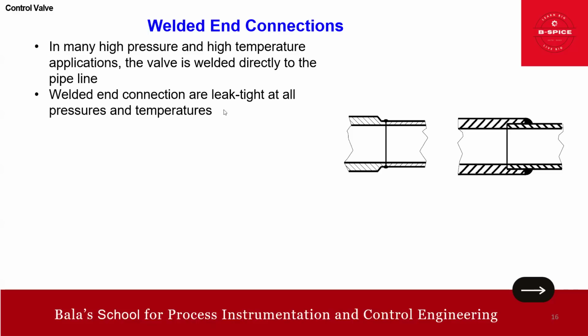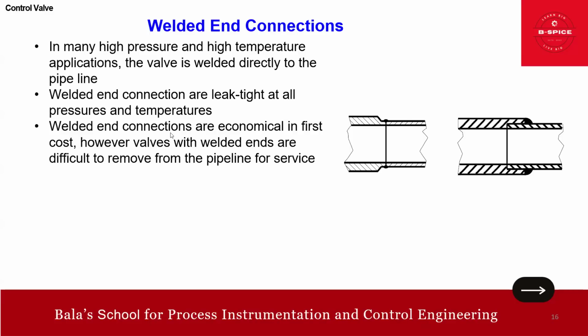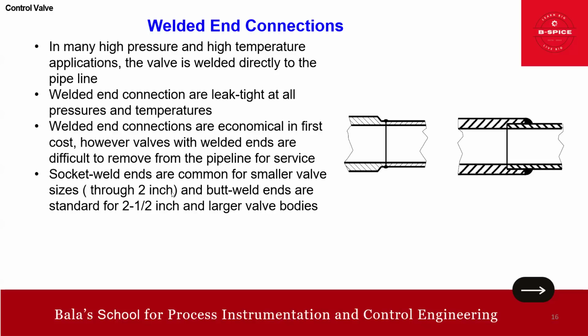Welded end connections are leak tight at all pressures and temperatures. They are economical in the first case, but valves with welded ends are difficult to remove from the pipeline for service. That is a problem. Very, very difficult. So maybe we have to fit and forget it, that's all.